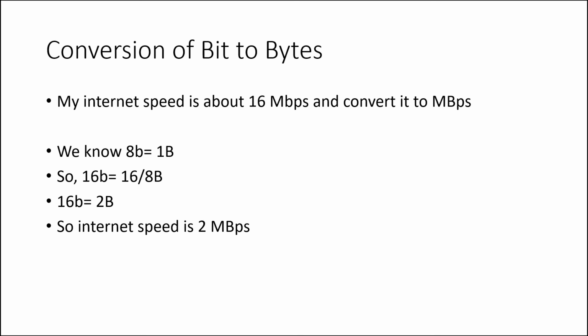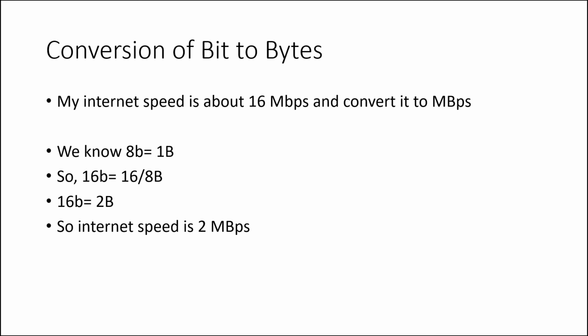Okay, now I'm going to talk about conversions of bits to bytes. As I mentioned earlier, normally internet service providers talk about internet speed in the form of bits per second. It may be megabits per second, gigabits per second.